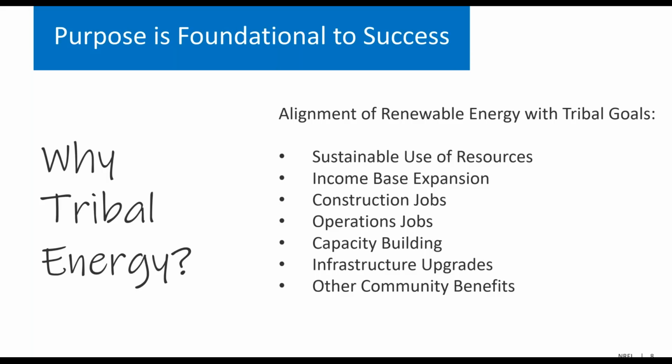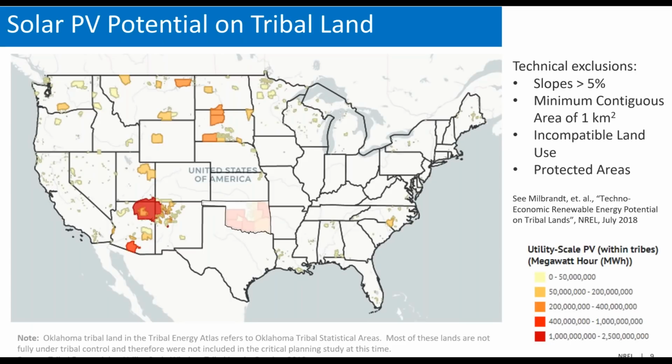Slide 9. The next couple of slides, I just want to highlight that the potential here is actually really good for renewable resources. This one uncovers solar PV in particular, and this comes out of NREL's Tribal Energy Atlas.